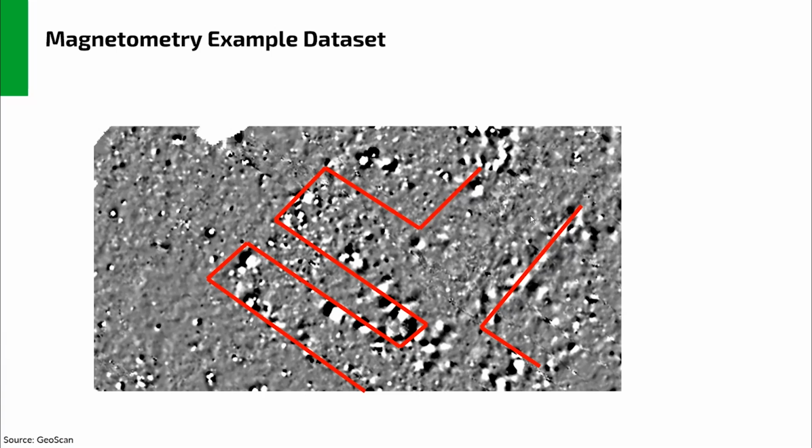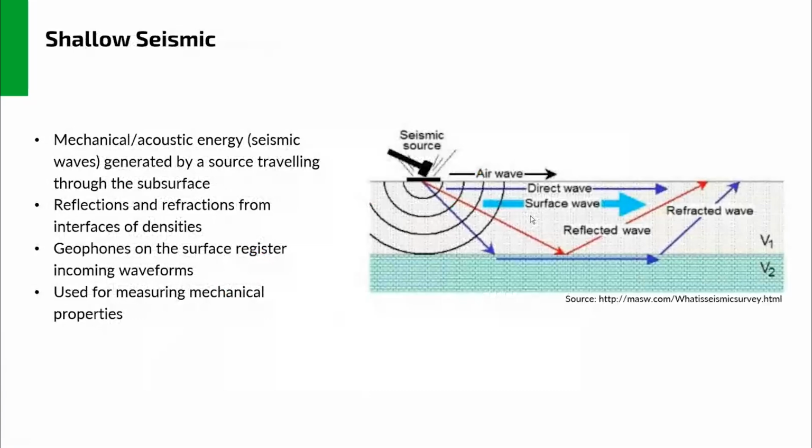The last method I'm going to talk about is shallow seismic, which we currently do not offer, but it's in the plans for the near future, and it's also very important in shallow geophysical investigations.